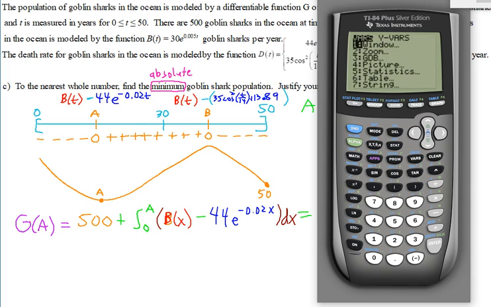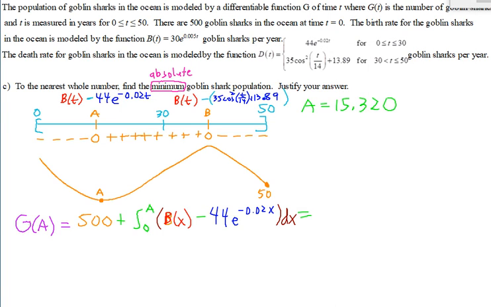So it's actually a little faster if you just go vars y variables y4. Because that is y1 minus y2 already, comma x, comma lower limit 0, comma upper limit a. And we get 397. Notice this doesn't round up here. So it'd be 397 Goblin sharks.